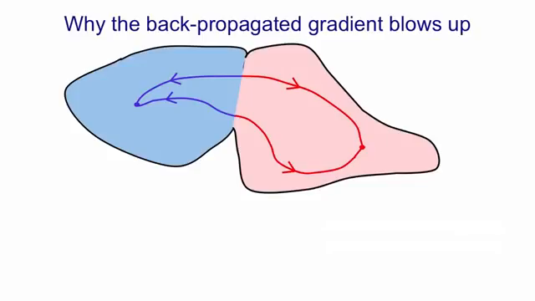Here's an example of exploding and dying gradients for a system that's trying to learn attractors. So suppose we try and train a recurrent neural network so that whatever state we started in, it ends up in one of these 2 attractor states. So we're going to learn a blue basin of attraction and a pink basin of attraction. And if we start anywhere within the blue basin of attraction, we will end up at the same point.